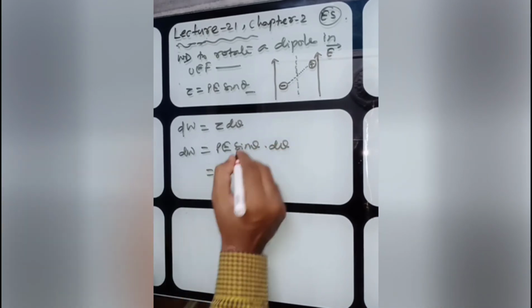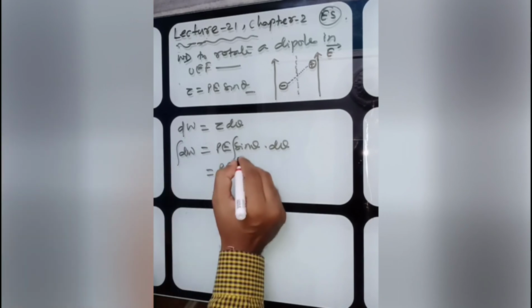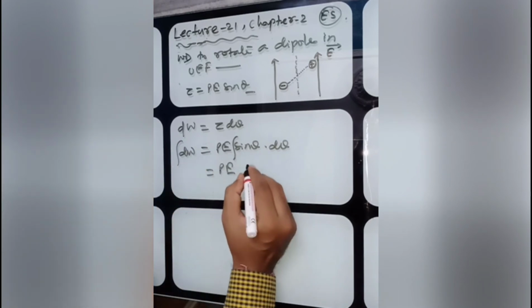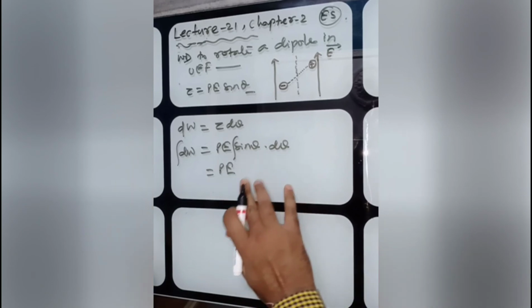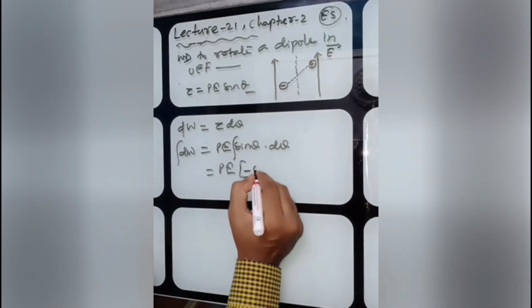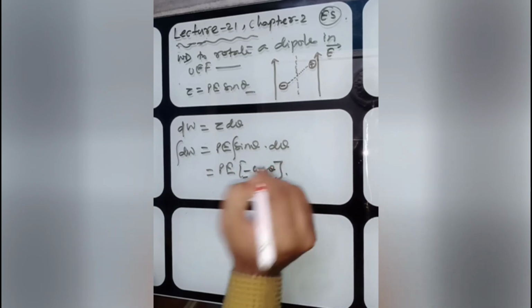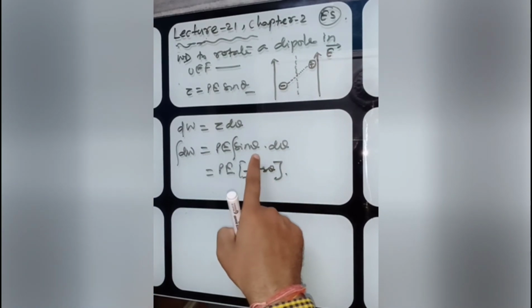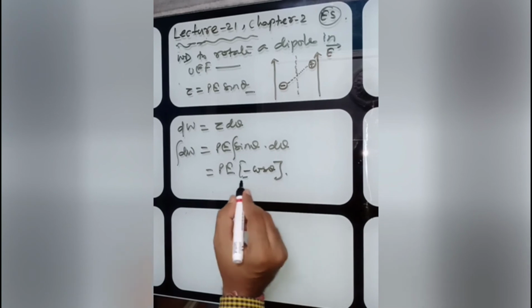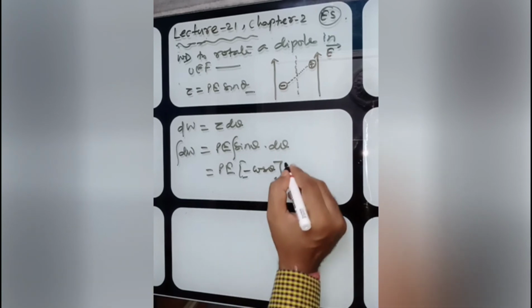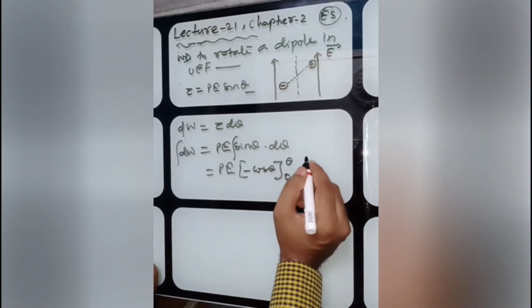PE is constant, integrating this from one angle to another angle. The integration of sin theta will be how much? Yes, minus cos theta, and it is to rotate from 0 degree to theta.